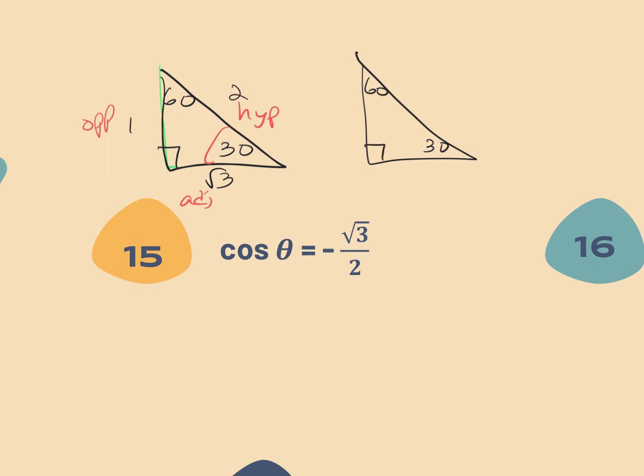And then I'm going to label the sides based off the 60. So then this root 3 is now opposite, the 2 is hypotenuse always, and then the 1 is adjacent to the 60. So now let me do cosine for both to figure out which one gives me this answer.